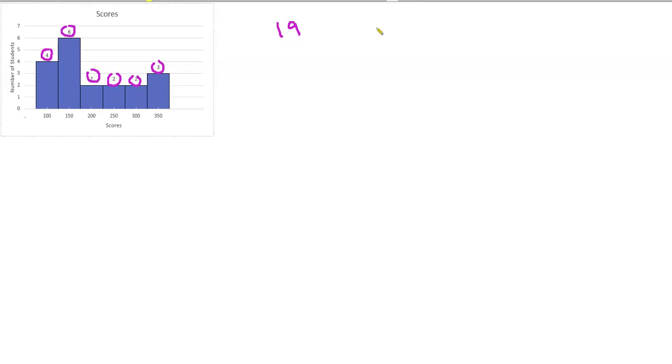Next question could be something like, how many students have scores below, say, 275? Well, that's going to require you to look carefully at the scale here, which, on any of these graphing questions this week, just really pay attention carefully to the scales.